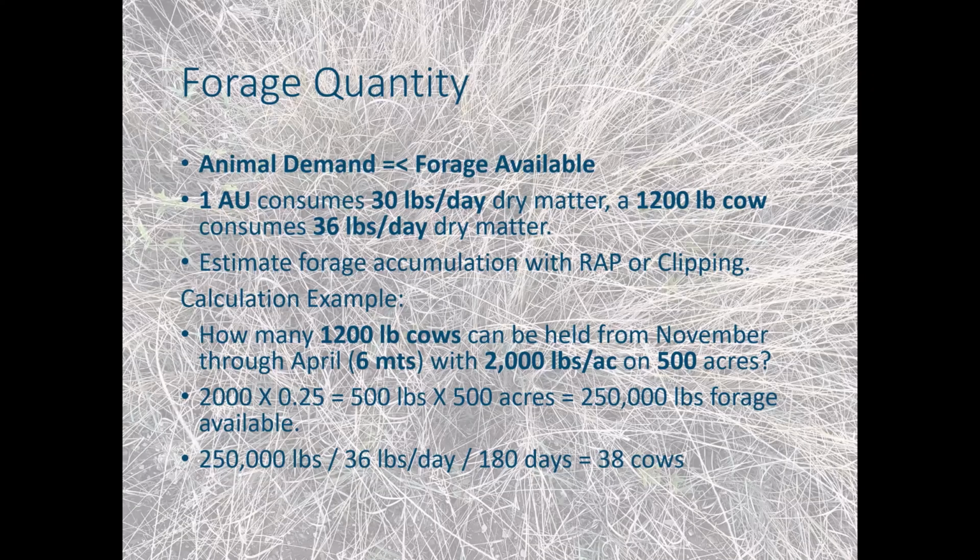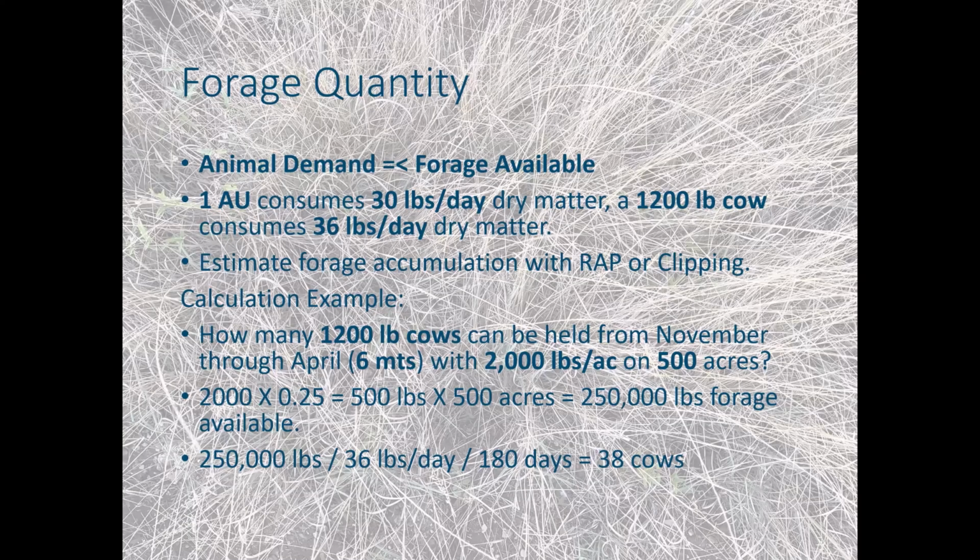We also know that most of our cattle in the state of Texas are much larger than 1,000 pounds. So I usually go ahead and at least estimate that most folks' animals are going to be 1,200-pound cows or better. And so a 1,200-pound cow is consuming about 36 pounds of dry forage per day.